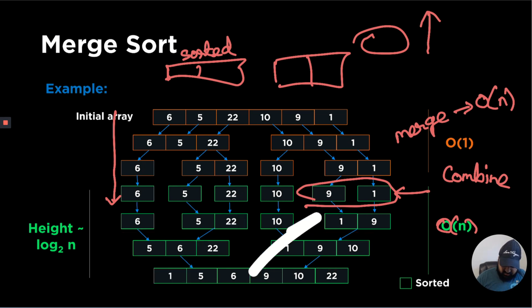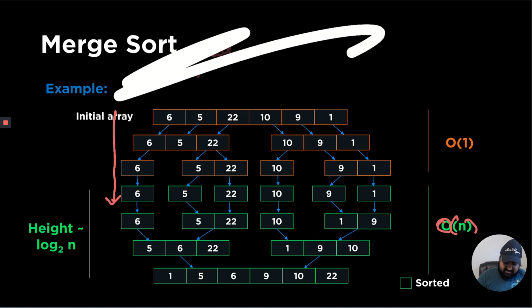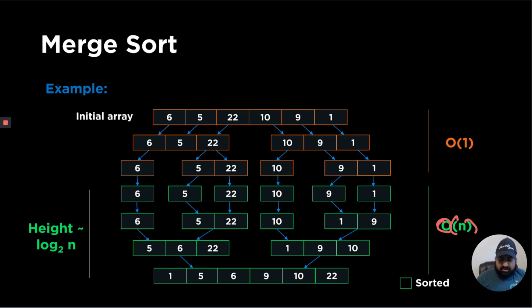Next, what we are going to see is how many times we are going to combine these lists. How many times we are combining our arrays depends on how many recursive calls we have.